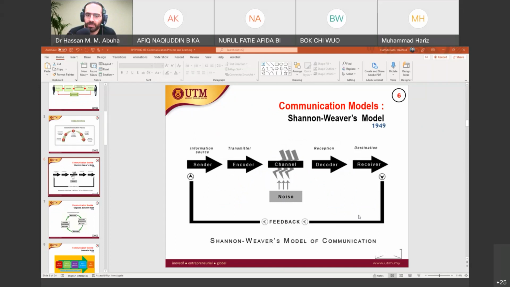Now, Shannon claimed that there are 8 variables in any communication process. Now, guys, the models are very important for you to understand and very important for the exam as well. This is where you get the tricky questions between each model and variables and so on. All right.